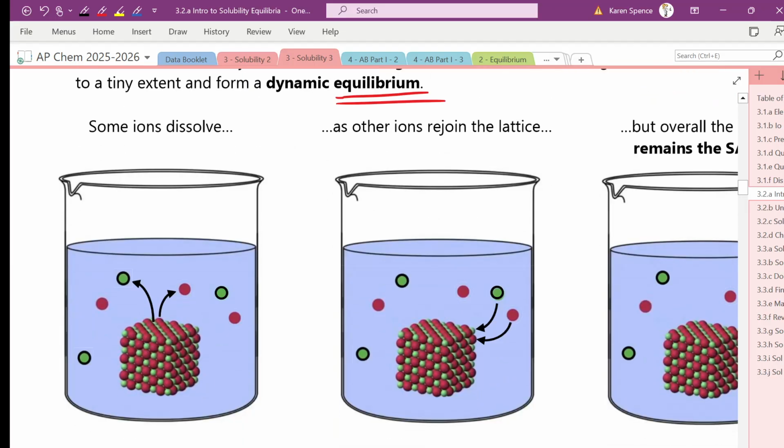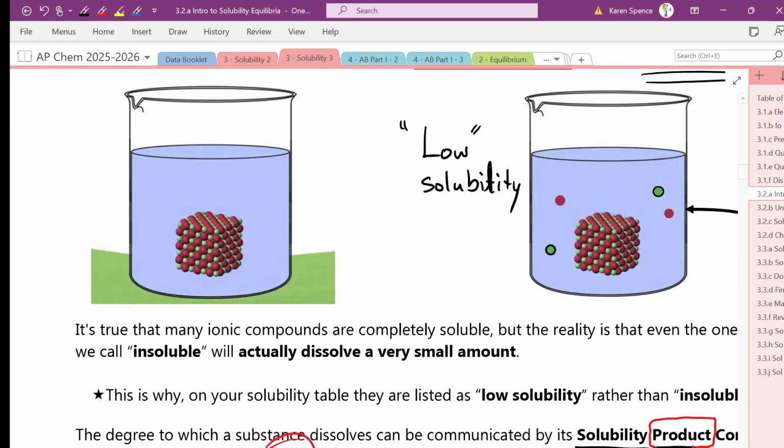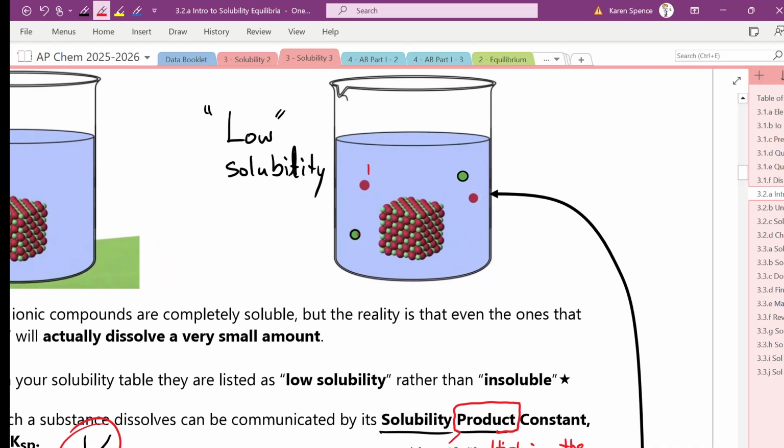Okay, so our system is at equilibrium. So what we've really got is, if you notice up here, we've got our concentration. We've got 1, 2, 3, 4 ions dissolved.